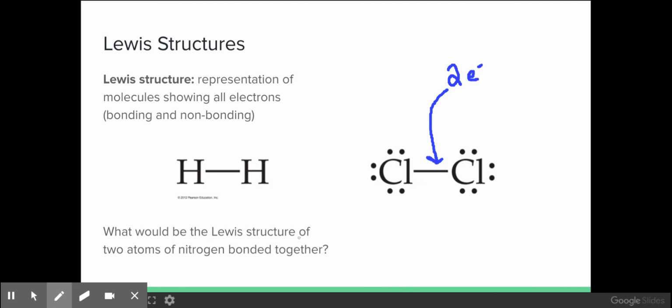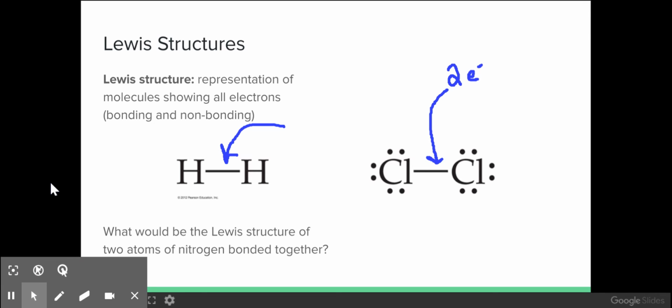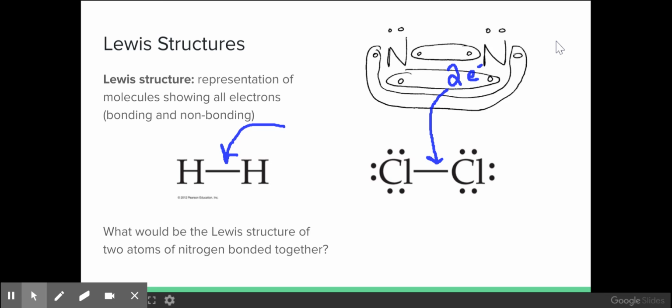Remember that most elements do form chemical bonds to follow the octet rule. Hydrogen is a unique element that follows its own rule called the duet rule.